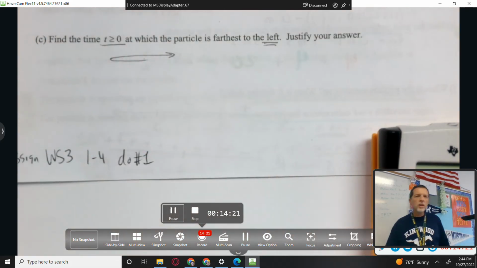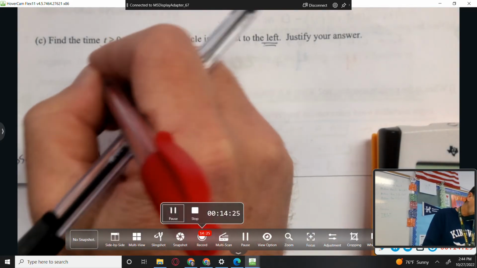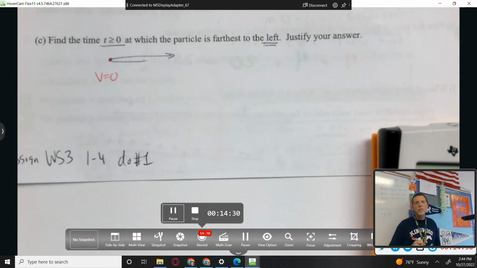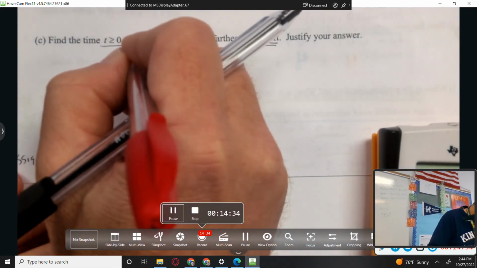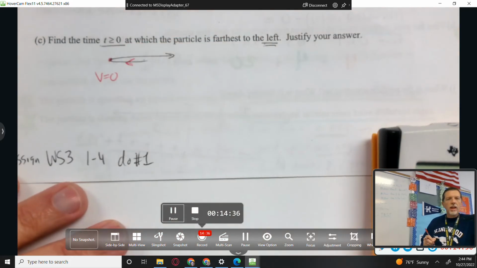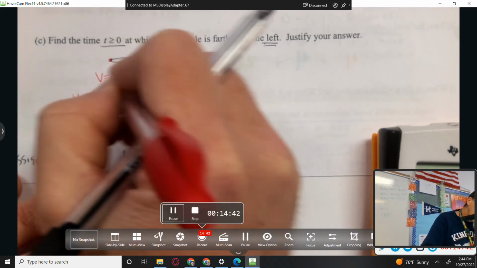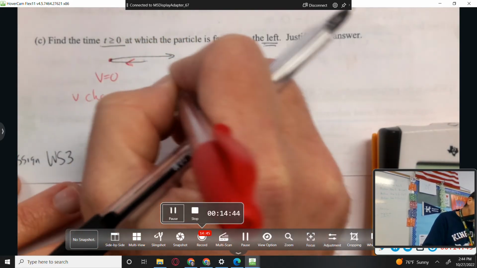So what's happening at this spot over here? V is 0 because it changes direction. But can you be more specific? V changes. How does V change? Negative to positive. Yeah, V changes negative to positive.